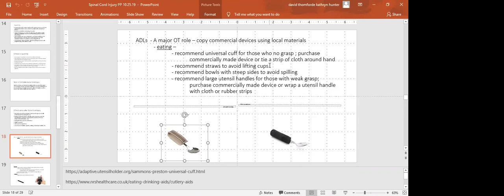If they have trouble picking things up like a cup to drink, if they can use a straw, then they can drink that way. If they have trouble eating from a bowl and having food splat over the side, there are commercial plate guards you can buy, or you can get a dish that already has steep sides, and that should make it easier for them to eat without spilling.